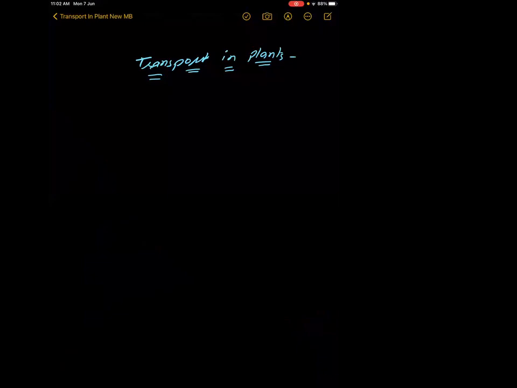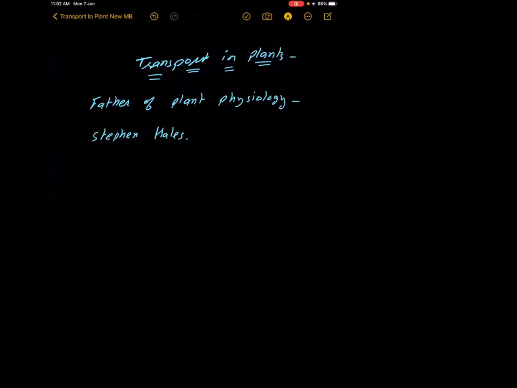So the father of plant physiology, who started the study of physiology, the so-called father of plant physiology, is Stephen Hales.